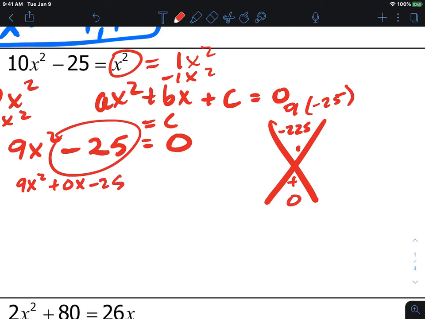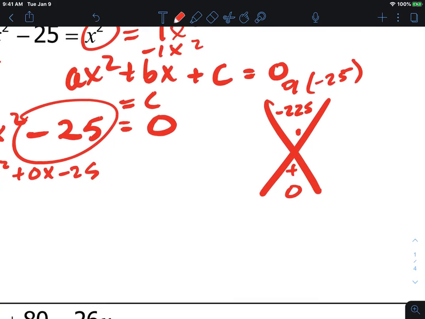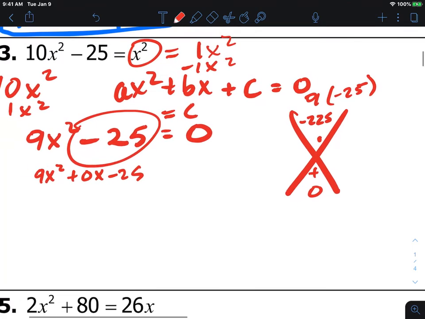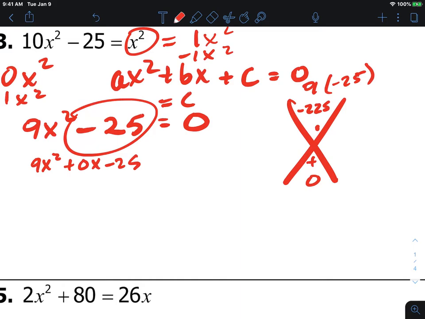So my b is really 0. All right, so if I take the square root of -225, I'm going to get what? I think 15 and 15, right?